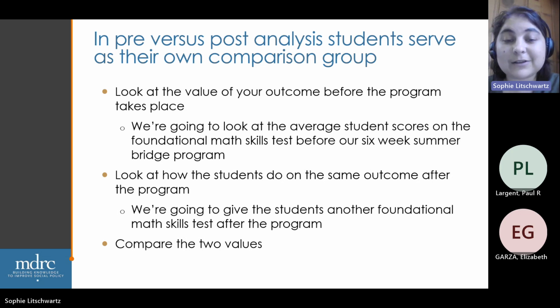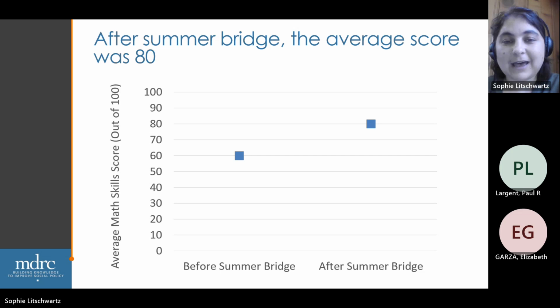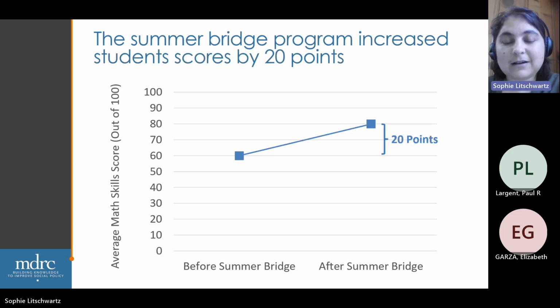Then we're going to look at how the students do on the same outcome after the program. We're going to give them the same test, and we're just going to compare the two values. Before the summer bridge, the average score was 60. After the summer bridge, the average score was 80. And there it looks like the summer bridge program increased students' scores by about 20 points.